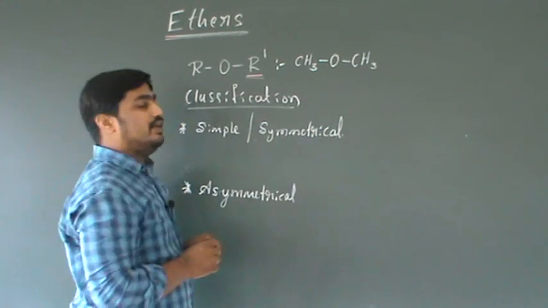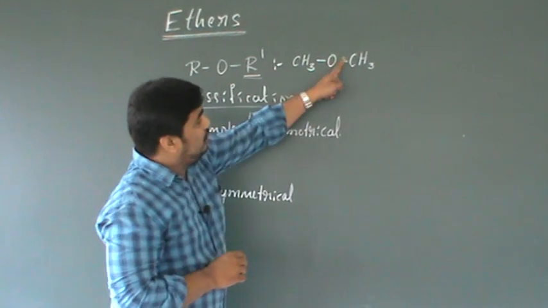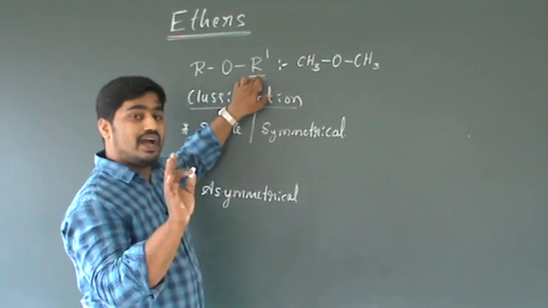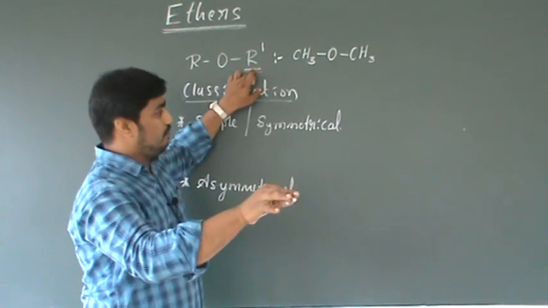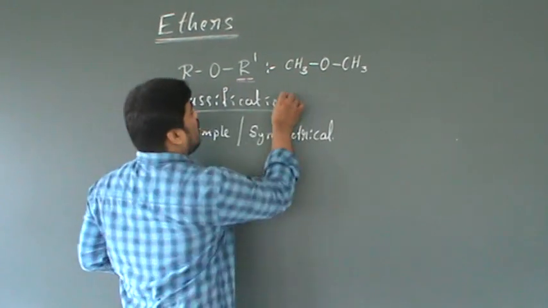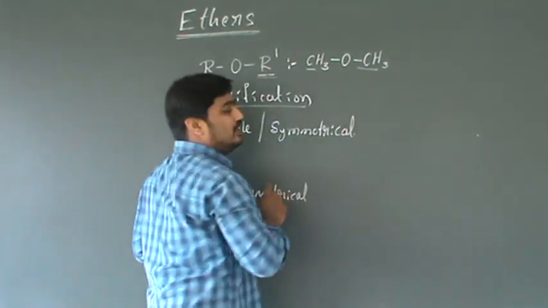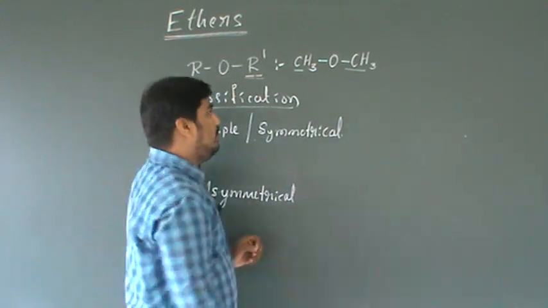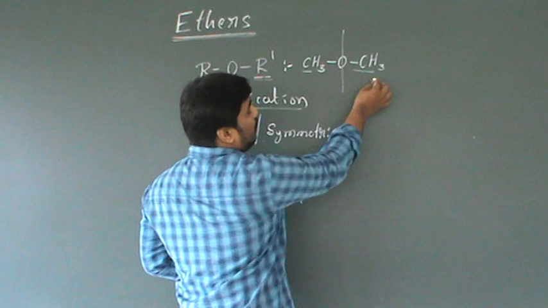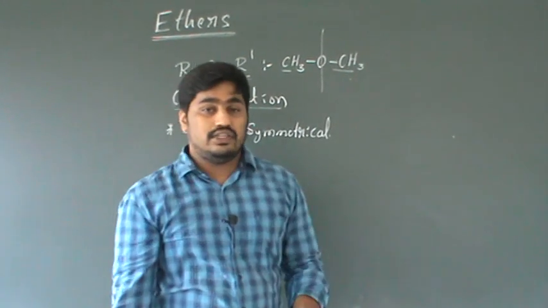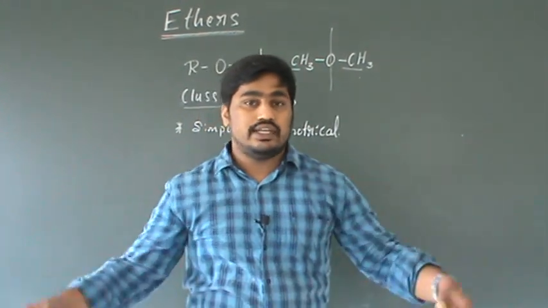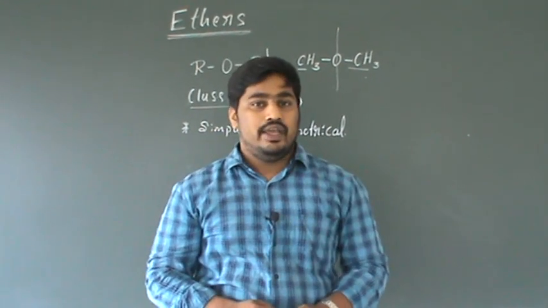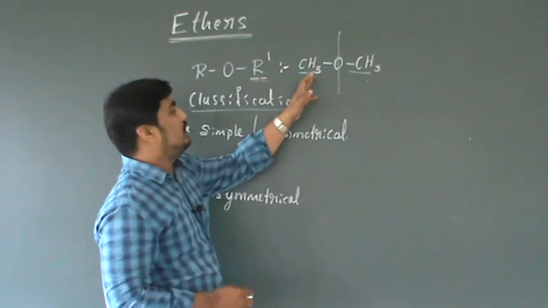In this case, R and R dash are both the same. So on both sides we observe the same type of alkyl group. Therefore, it becomes symmetrical. On both sides of the oxygen, the same type of R group is substituted. Hence, it becomes a symmetrical ether.